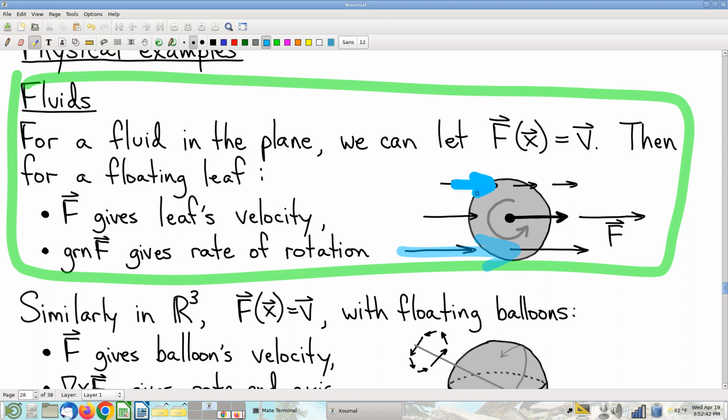It's being pushed quite a bit less hard on that side. And so you would expect that it would have a rotational aspect as it floats downstream, right? And the thing that measures that is Green's operator. That's an easy physical interpretation of Green's operator.